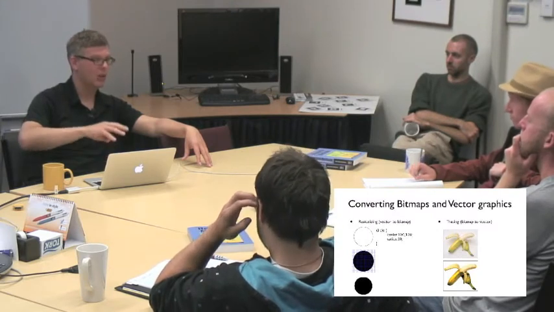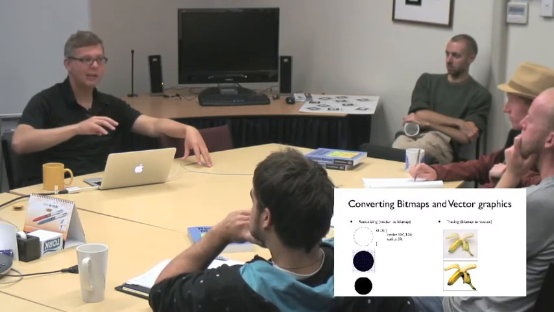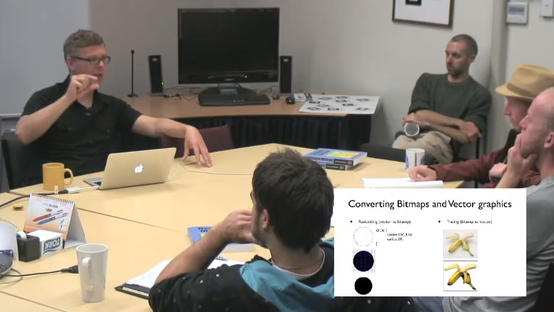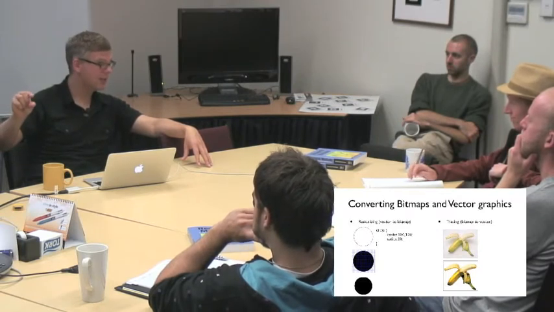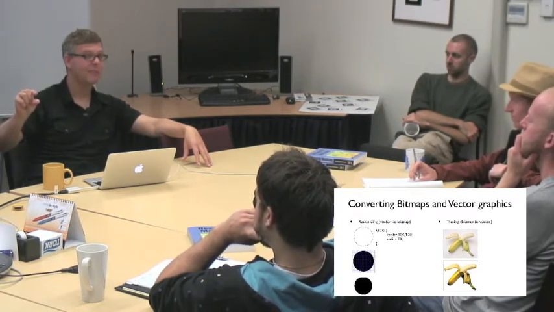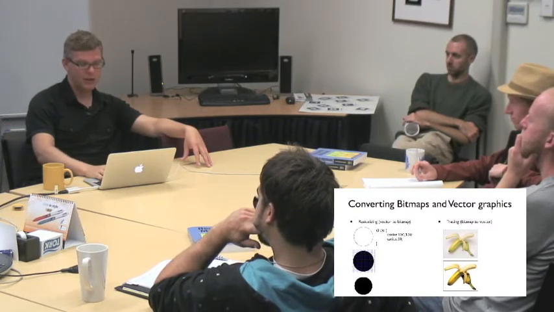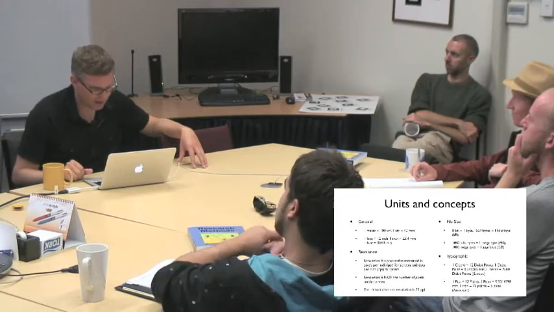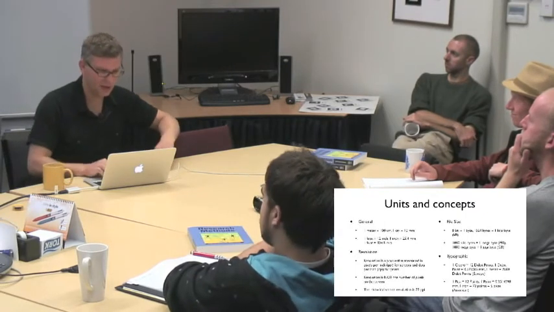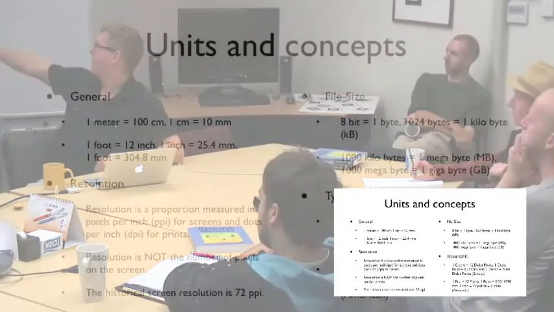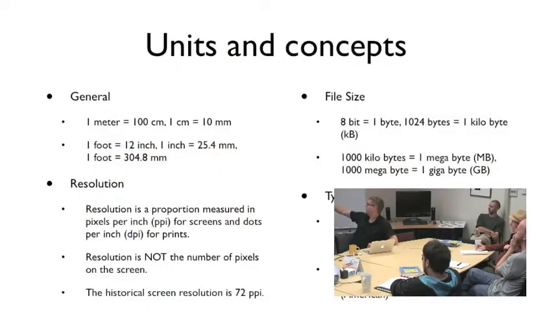So wouldn't it be really great if a pixel would have the same size as a point? Yes, and that's what they did. Now, 0.35 millimeter, you see it at the bottom down there, comes from the printers: 72 points are in an inch.